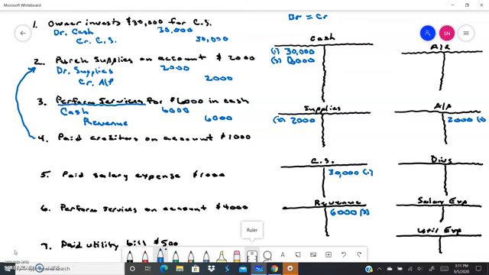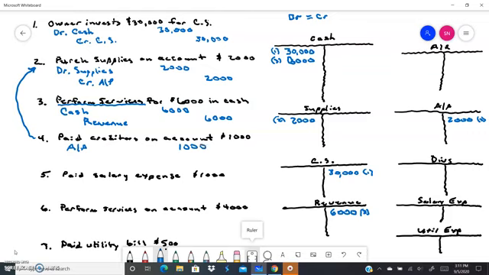Well, accounts payable is going to be paid off partially, so accounts payable is going down. A decrease in a liability is a debit. So we're going to debit accounts payable for $1,000.